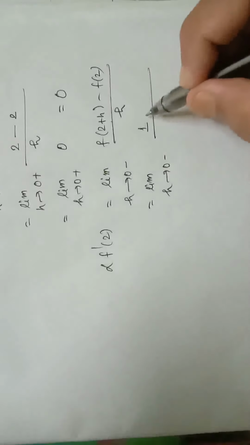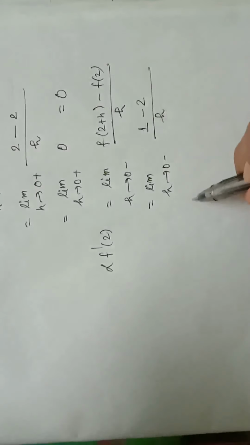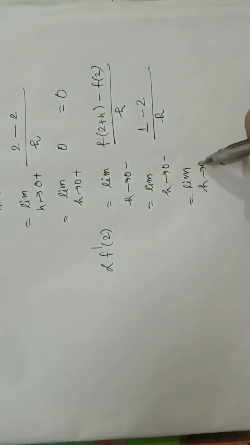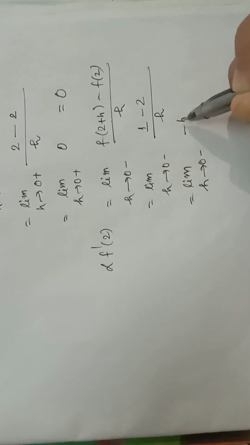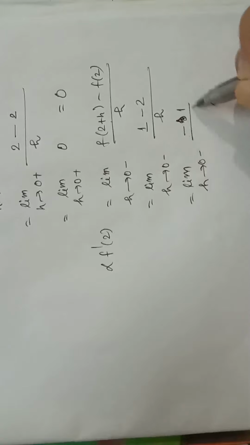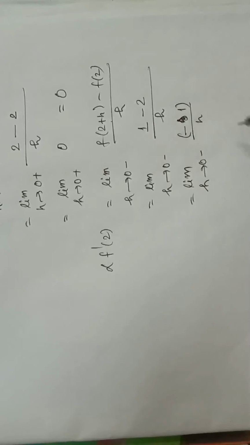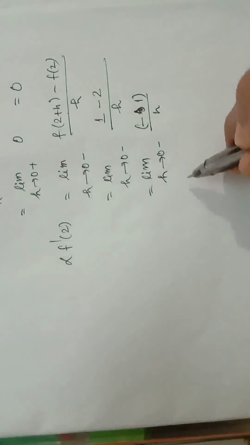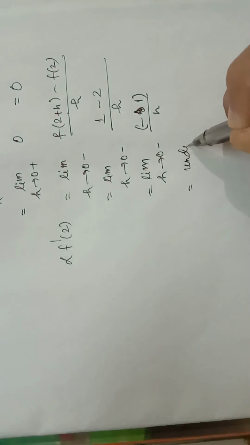So it is 1 minus 2 by h, limit h tends to 0 minus, which will be minus 1 by h. Minus 1 by h, if we put h equal to 0, it will not exist. This is undefined.